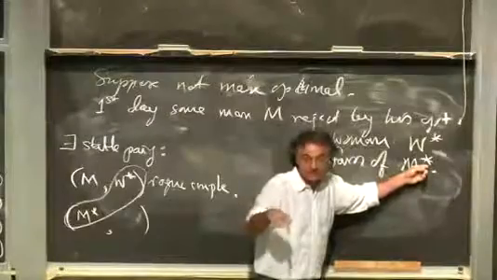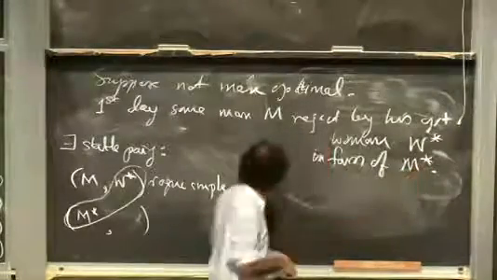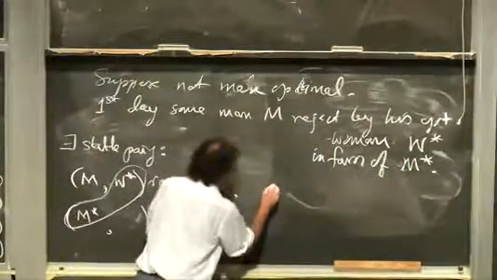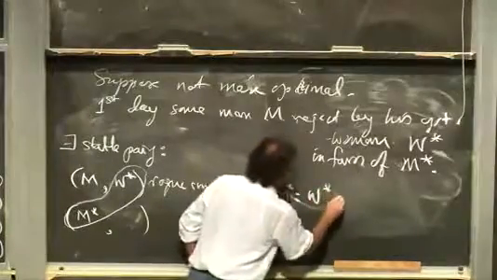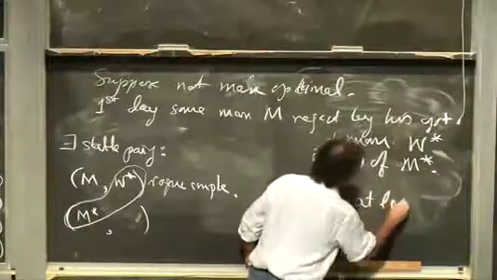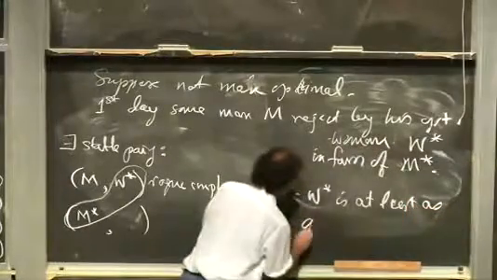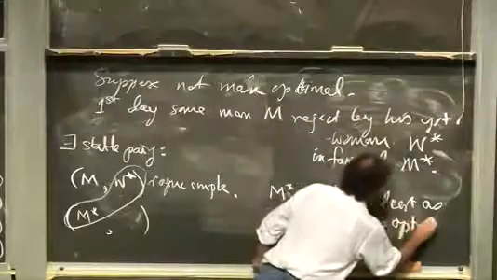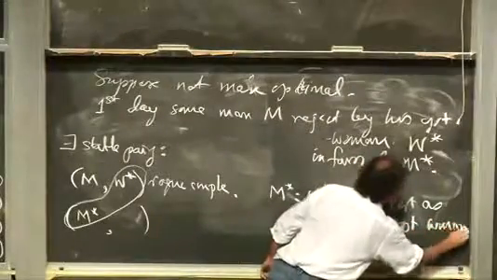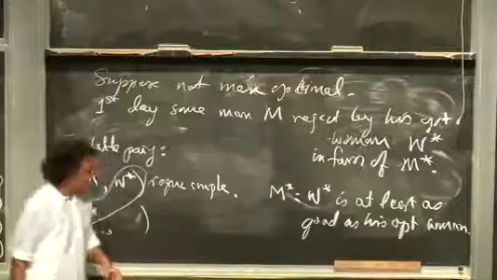He has not yet been rejected by his optimal woman. So we know that for M star, W star is at least as good as his optimal woman. What does that mean?